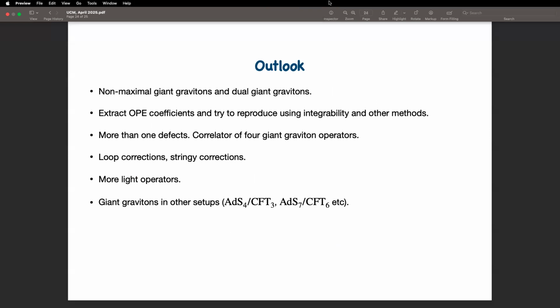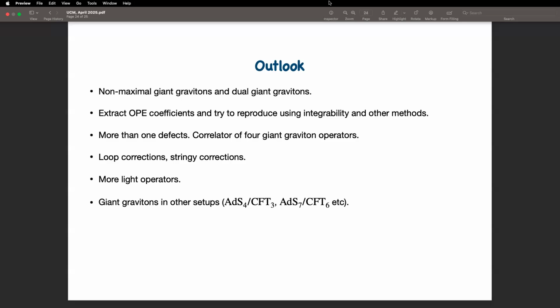These are subdeterminants instead of just determinants, so instead of dimension N, they can have smaller dimensions. And also, we can look at the so-called dual giant gravitons. The giant gravitons we consider here correspond to branes wrapped in the S^5, but you can also have dual giant gravitons wrapped in the S^3 in the AdS5 factor.